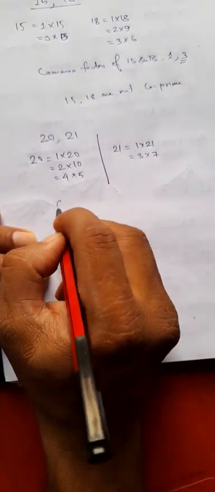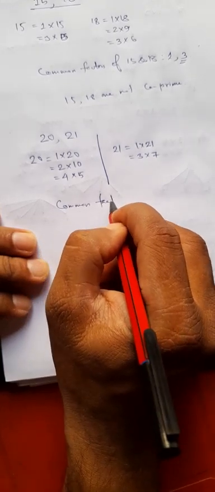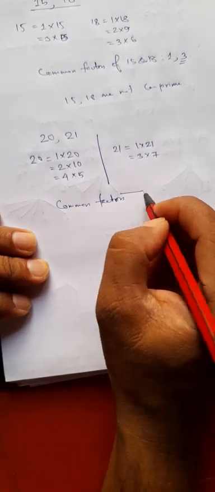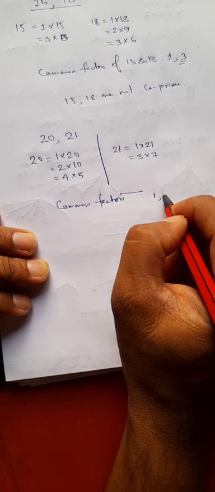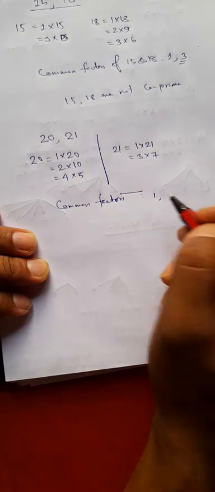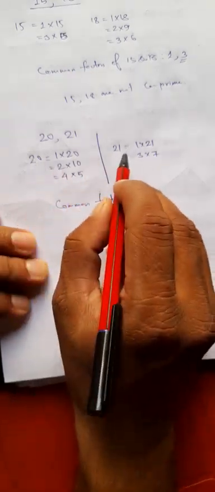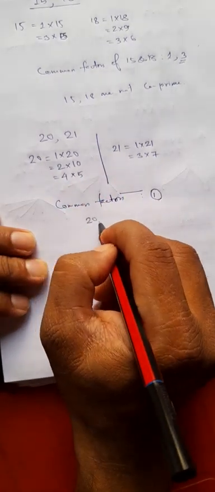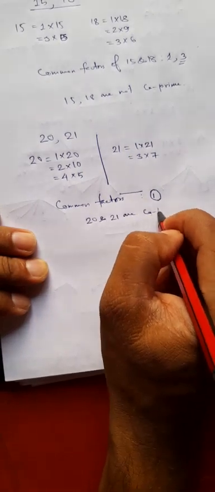Now what are the common factors of 20 and 21? Only 1. Therefore, 20 and 21 are co-prime numbers.